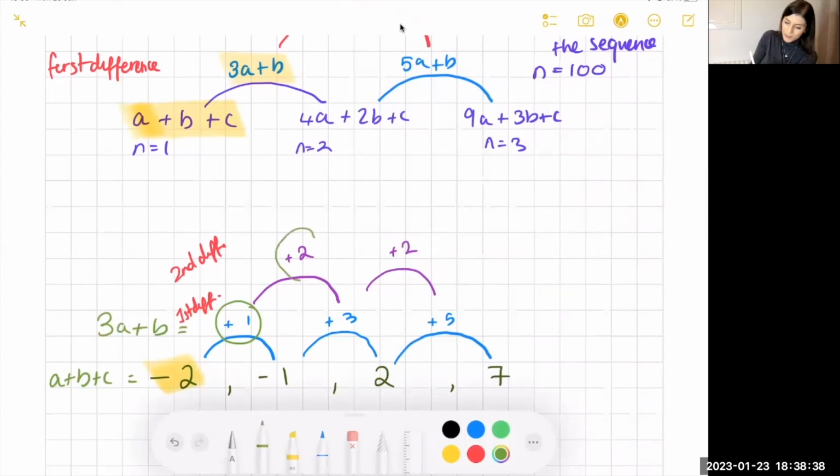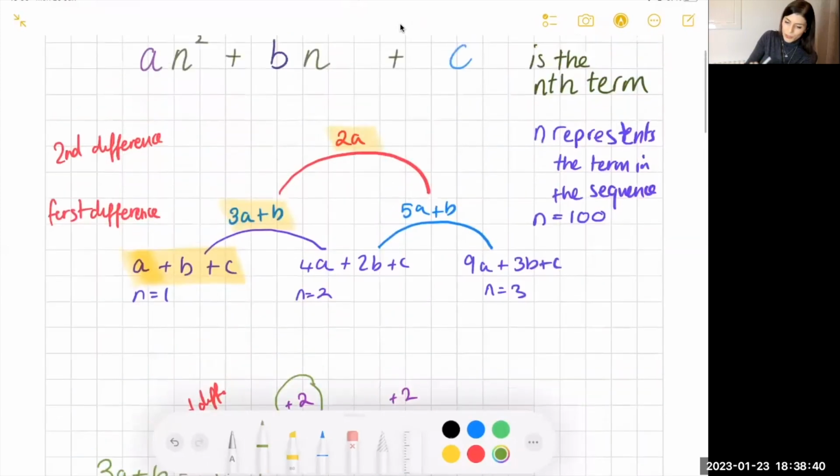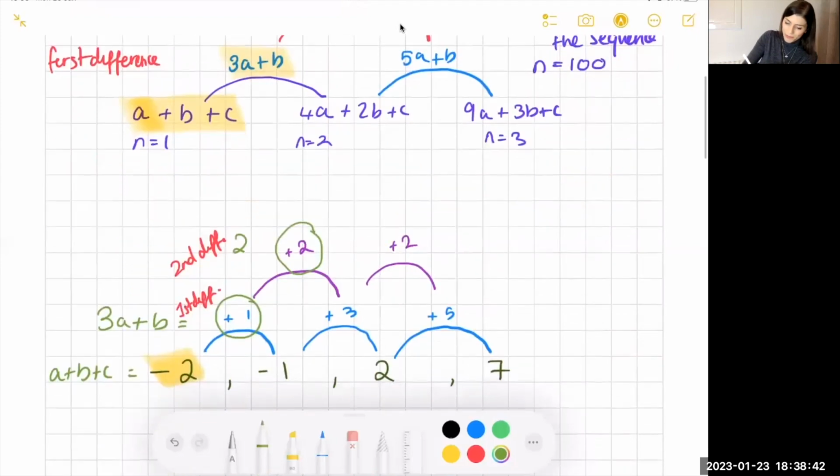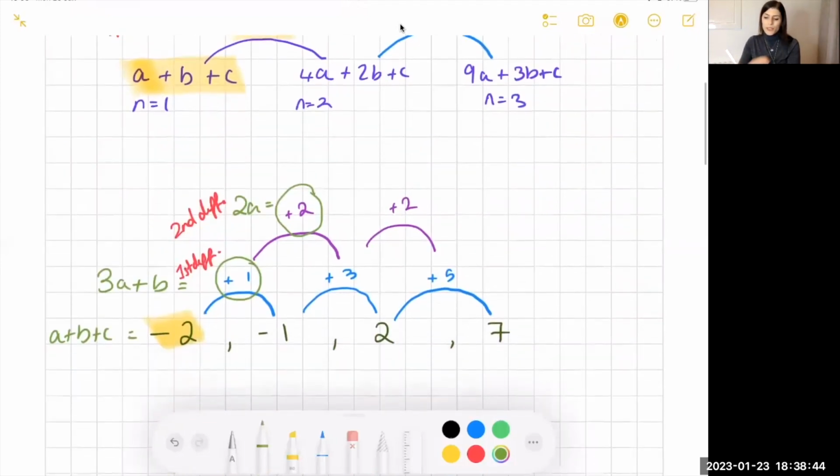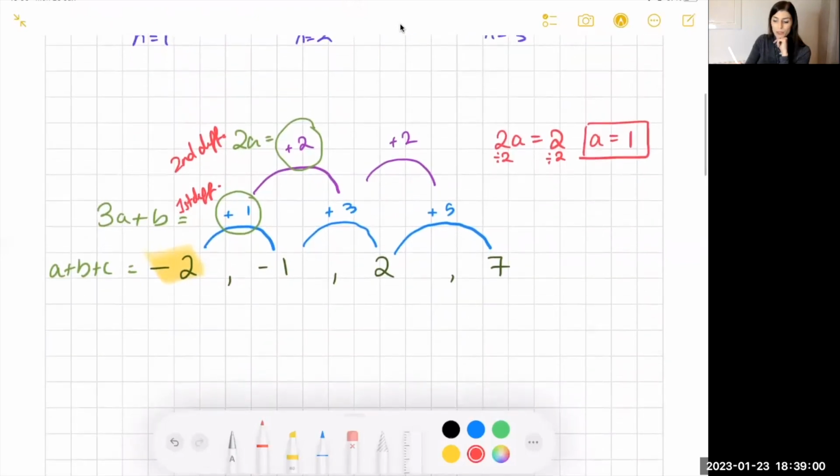And then this plus 2 is equal to the 2a. So the first thing you do is we work out 2a is equal to 2. So if 2a is equal to 2, divide both sides by 2 to get a is equal to 1. This is the number that goes in front of the n squared.